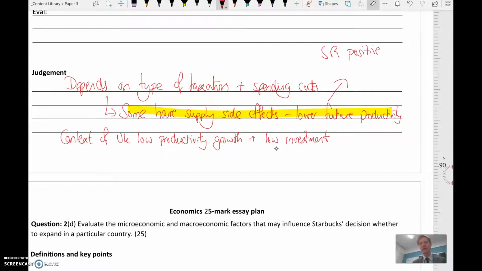It may have negative short run effects on growth. The long run effects are likely to be positive or negative depending on the type of taxation or the type of government spending that you're talking about. And all of these things, the magnitude and the overall outcome, really needs to be linked to the context of the UK low productivity growth and low investment.